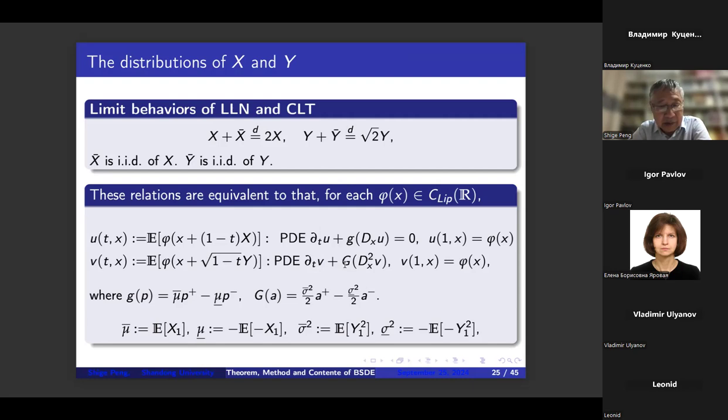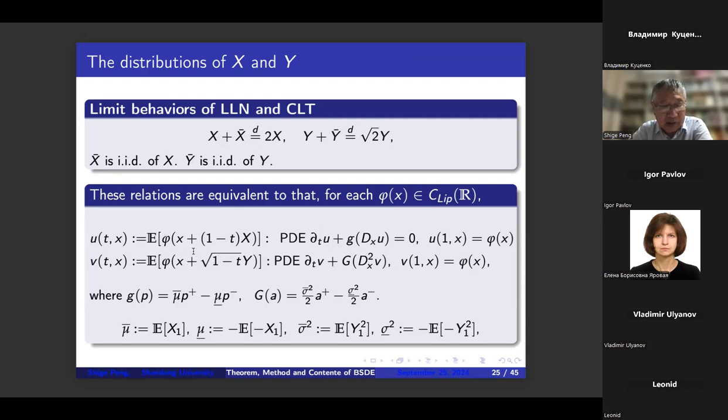This is important because it links directly to the case where we can calculate the distribution, because if we test with all phi, then we get what we need. This is the meaning of the distribution.